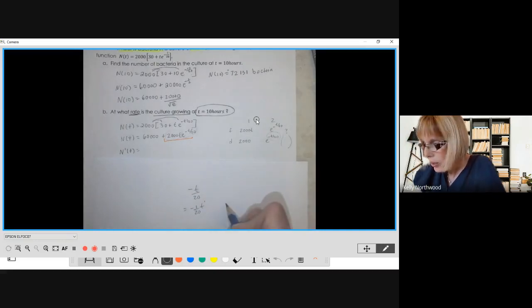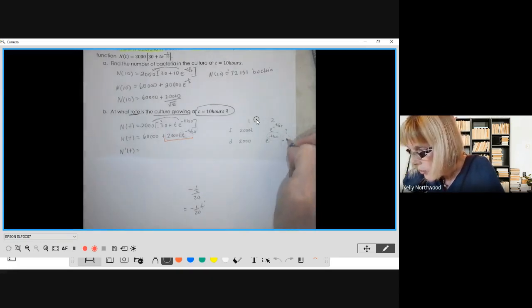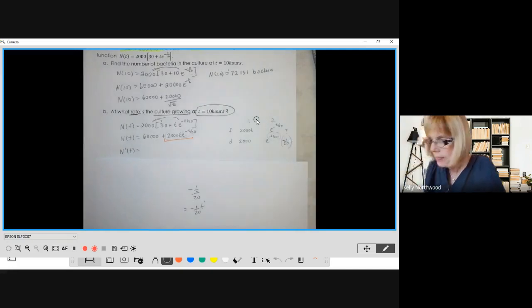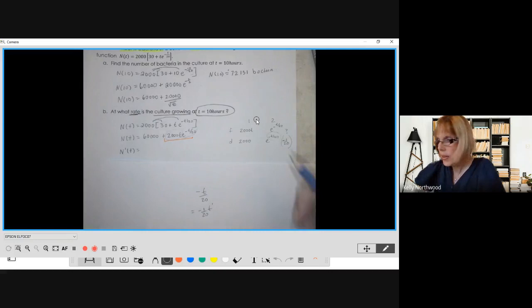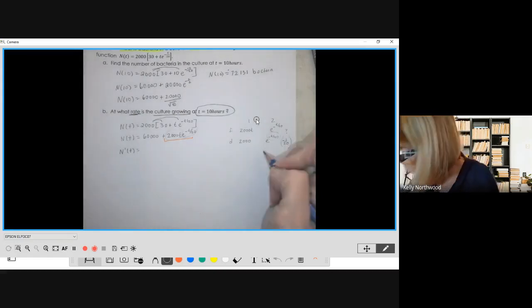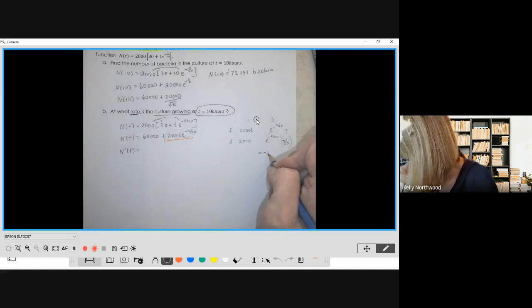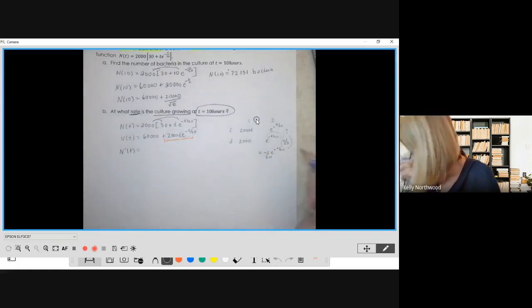Just using the power rule, it would be 1 times negative 1/20th, t to the 0. So it's negative 1/20th. Convince yourself of that. So the derivative of the exponent is just negative 1/20th. And then I'd probably write that as negative 1/20th e to the negative t over 20.